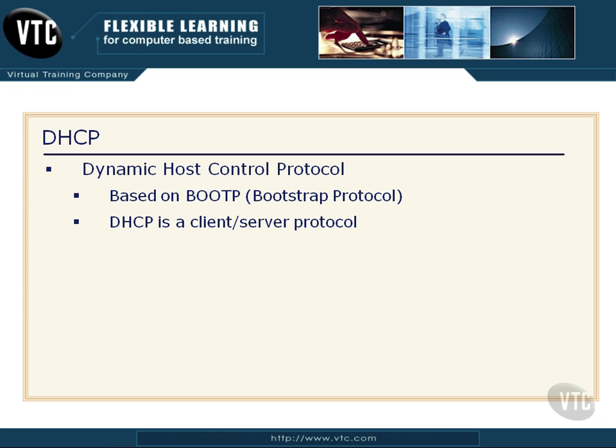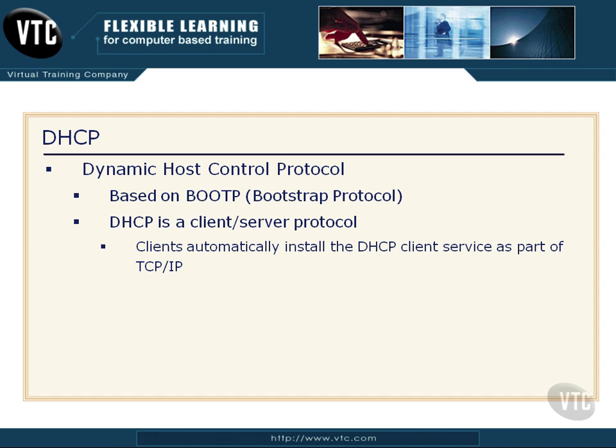Now, DHCP is a client-server protocol, so you have to have some client functionality running out there on the client machines that get the IP addresses assigned to them, and you need the server-side protocol running to actually maintain the addresses and pass them out. Clients automatically install the DHCP client service as part of TCP/IP.